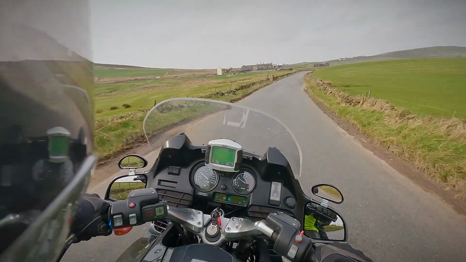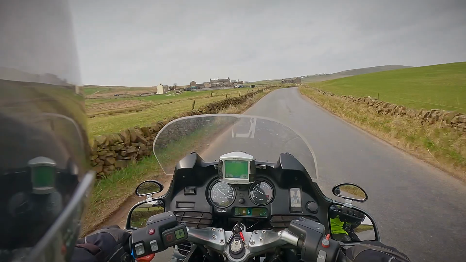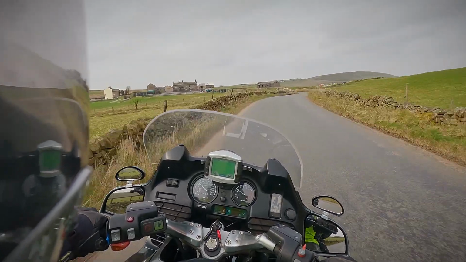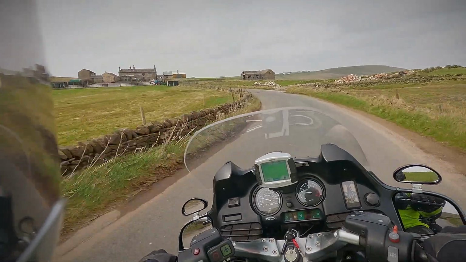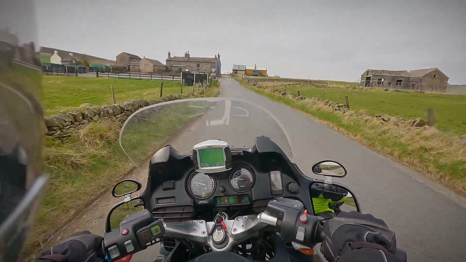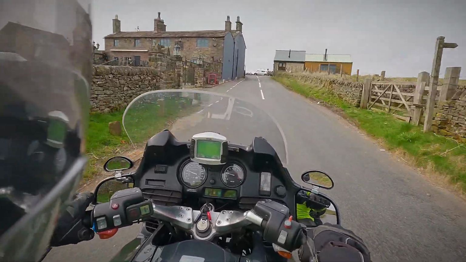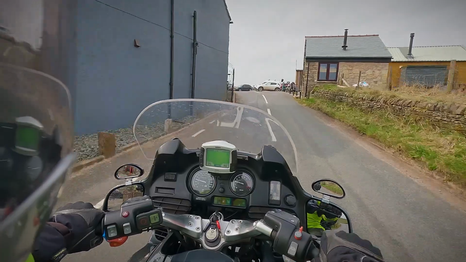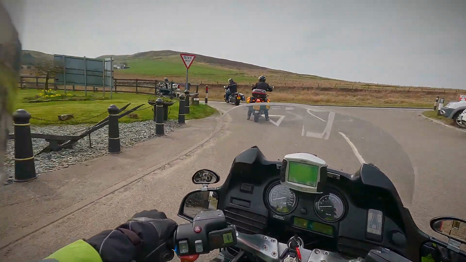So mirror checks are cleared. Rolling it down, goes round to the right then the left. I've got an advance warning sign of a giveaway. Got another pinch point, so mirror check's cleared. Starting to drop down the gears, nice gentle braking.